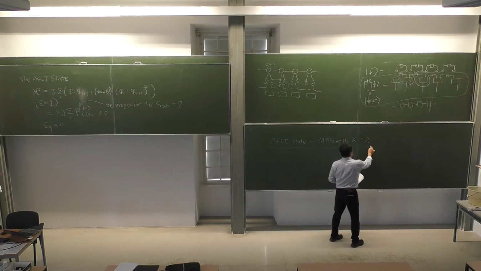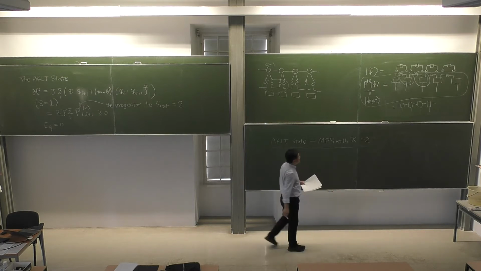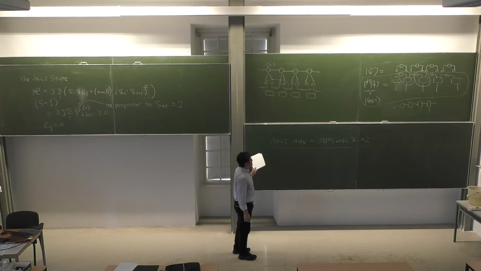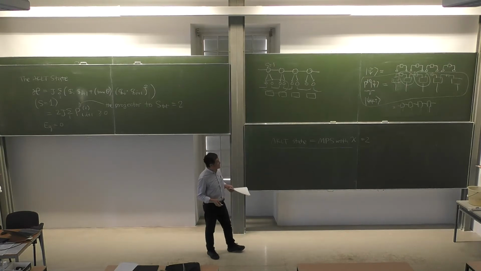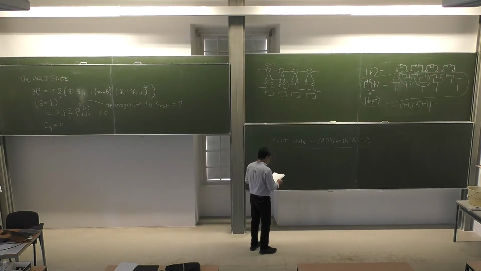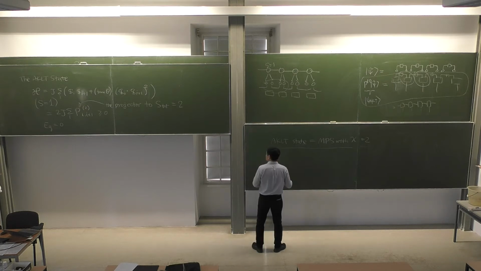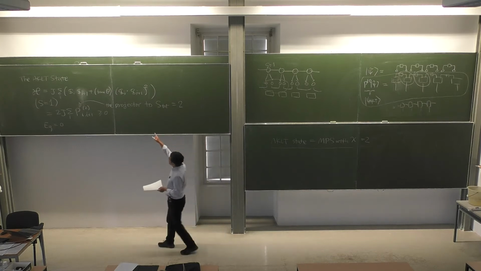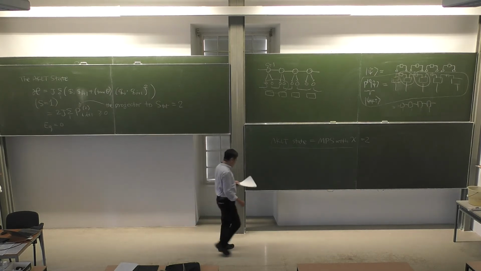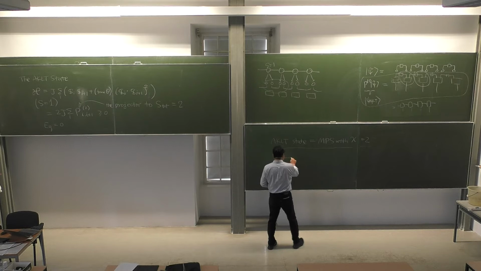And what is the importance of the AKLT state? It is not just that it can be represented by an MPS with finite bond dimension, but that it is closely related to a more important quantum state, the Haldane state. And actually, we know that the phase diagram of this Hamiltonian is something like this.